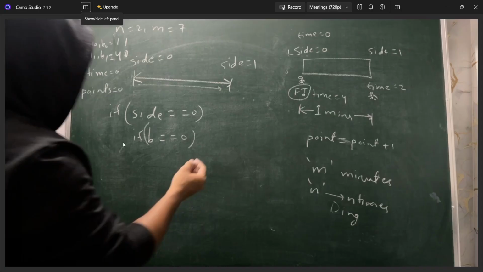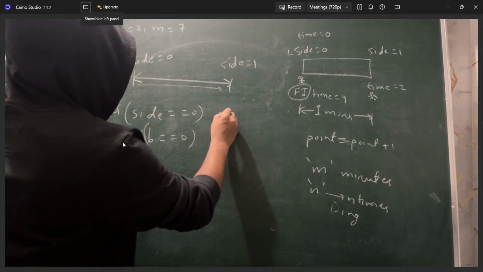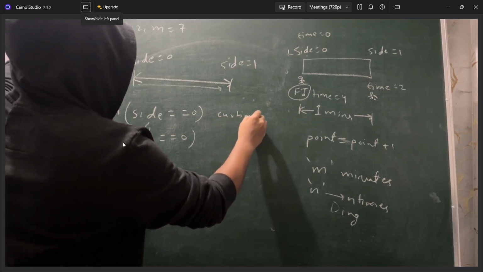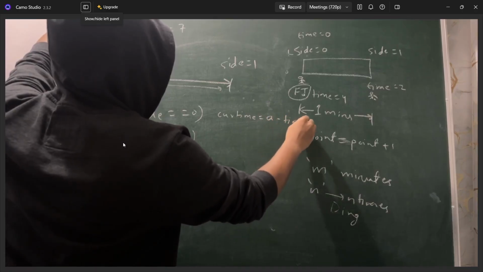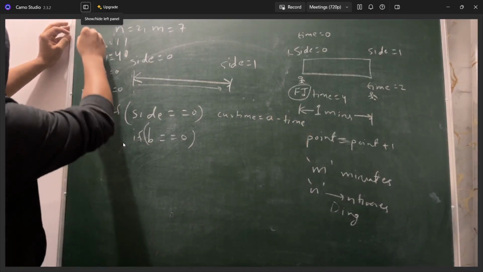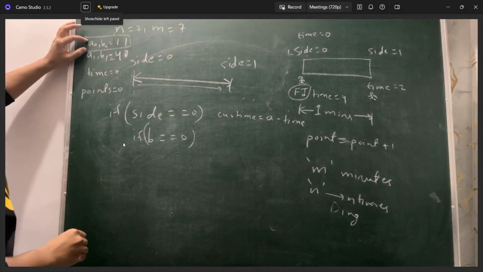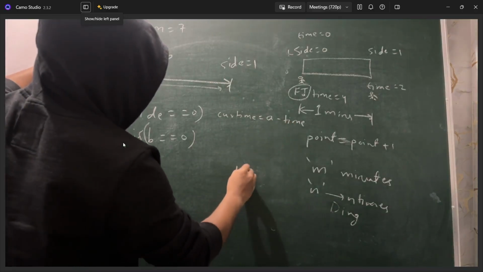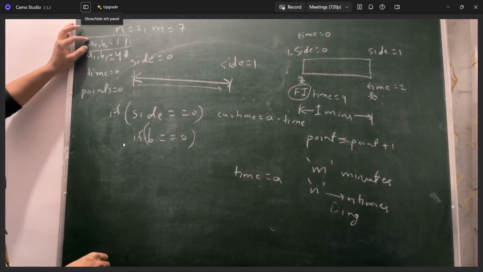So again you will be calculating the time frame, and the time frame will be the current time minus the previous time. So at the end of every iteration, this time will be updated with the requirement, the previous requirement that was there.